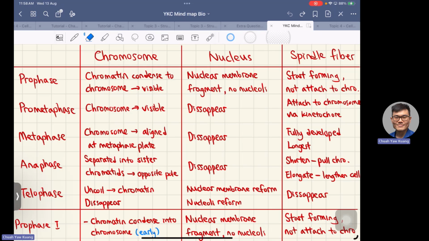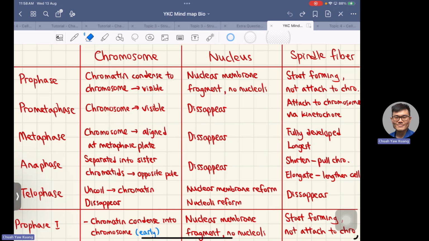No, the tetrad is mid to late prophase. Okay, completed. Yeah, so we completed.